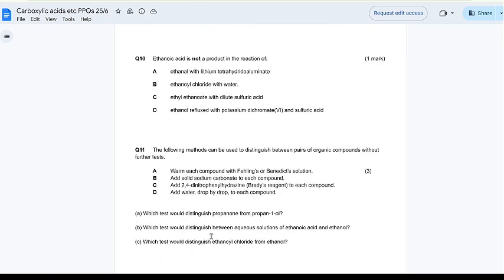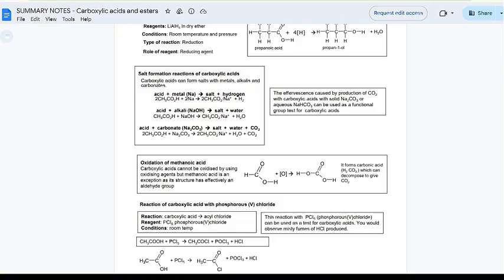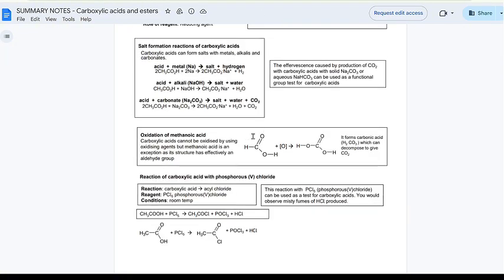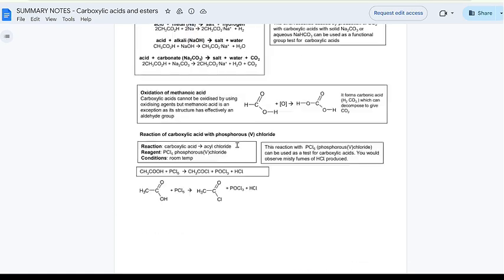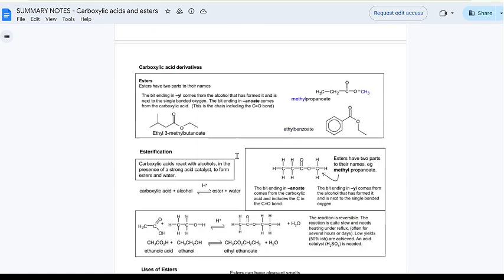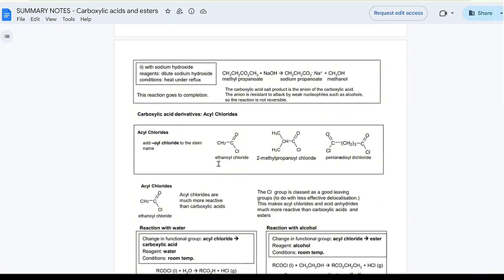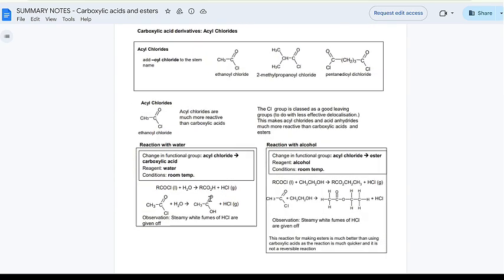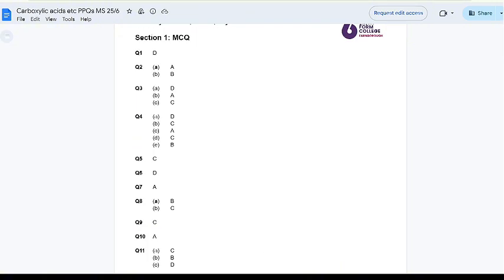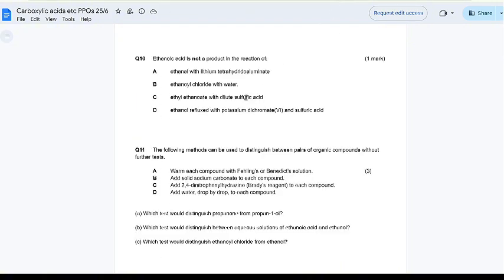And then C, I wasn't sure. I went with D because, why'd I go with D? It's hydrolysis. I know it's hydrolysis of ethanoyl chloride, but I don't remember what the difference is. Steamy white fumes is the observation there. So that would be the one there. Okay, pretty happy with that.